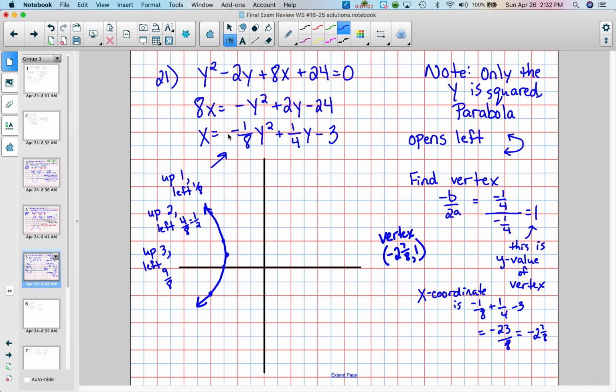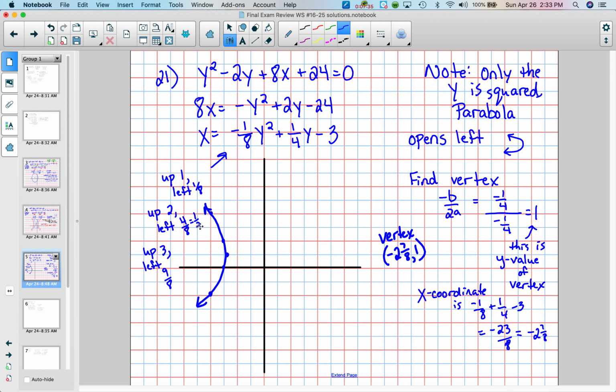Then I'm going to use the parent graph, and we're going to the left because it's negative. So I would go up 1 and over 1, but I'm going to go over 1/8 instead. So up 1 and over 1/8 and down 1 and over 1/8. If I go up 2, normally I would have gone, because remember we're doing the up and over backwards, so if you square a 2, you get 4, but it's times an eighth.